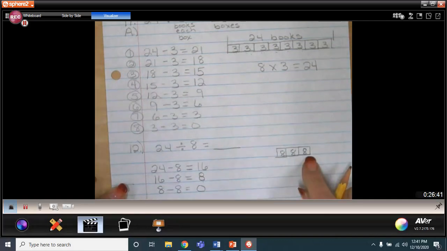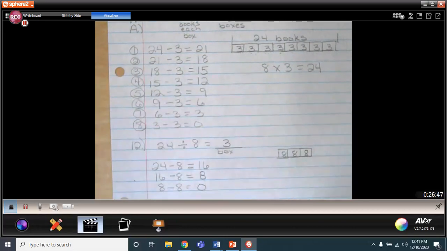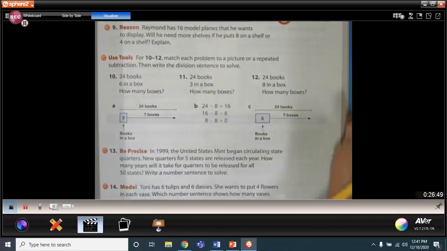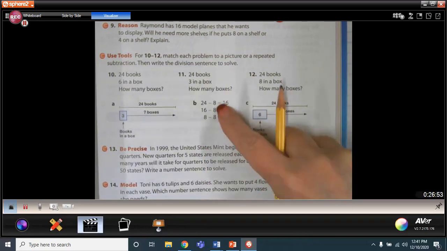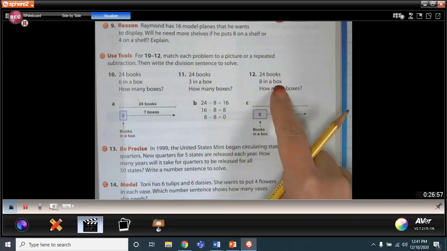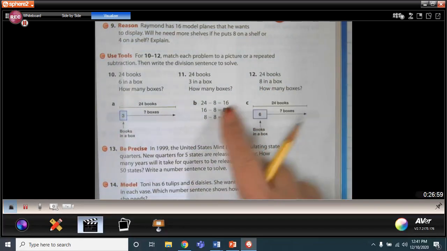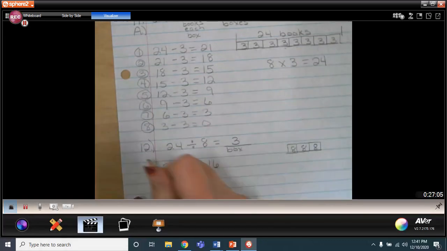There are 3 boxes that I used. So if we look at our examples here, this is what we did using repeated subtraction. They took 8 books and put them in a box. So 12 is going to be B. So I'm going to put a B here.